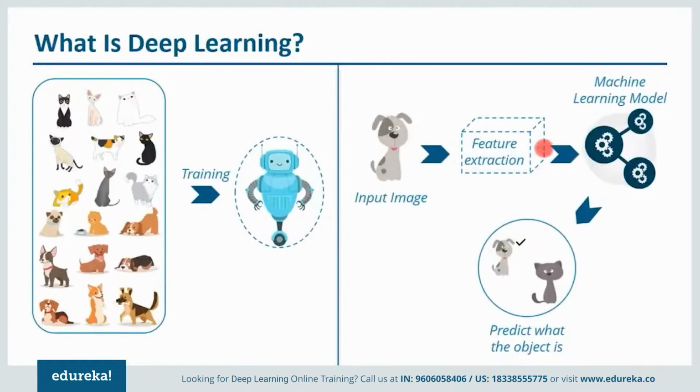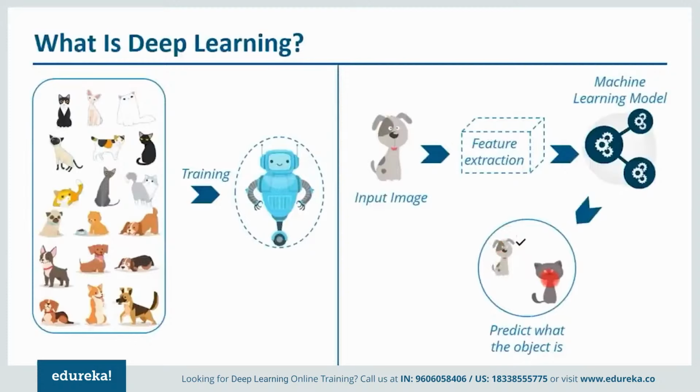Then we'll manually extract certain features, like nose, whiskers, colors, edges, it can be anything. The important features which actually help us in classifying whether the input image is a cat or a dog. Then we make a machine learning model with that.